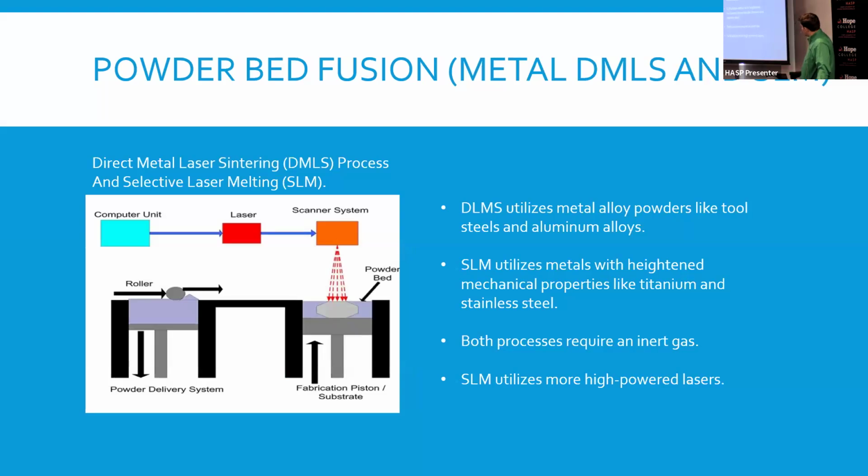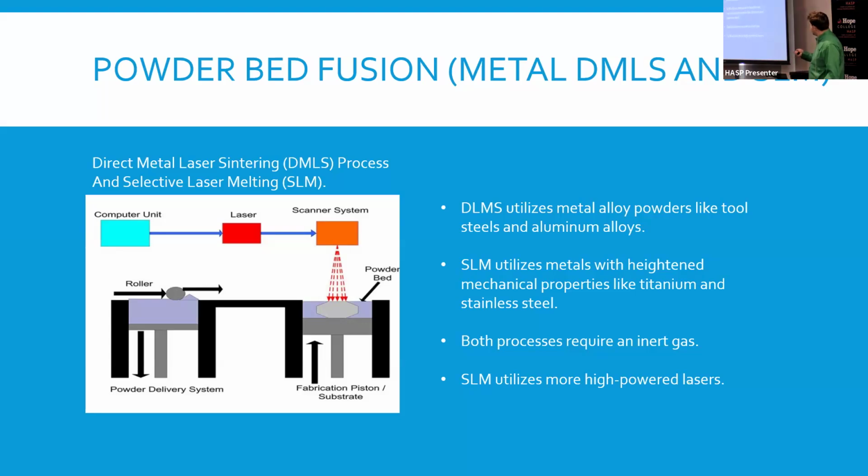So moving on, of course, we have to have the metal versions, DMLS and SLM. Those are direct metal laser sintering or selective laser melting. These are going to use powdered metals instead of powdered plastic. So DMLS is going to use alloy powders like tool steels and aluminum alloys.